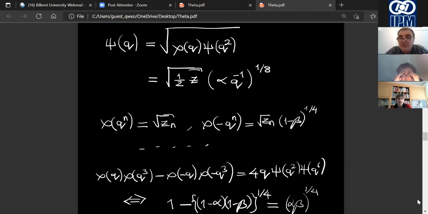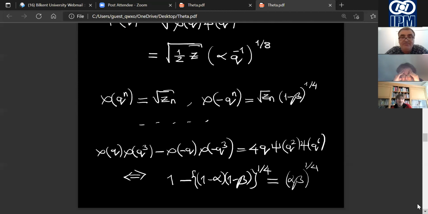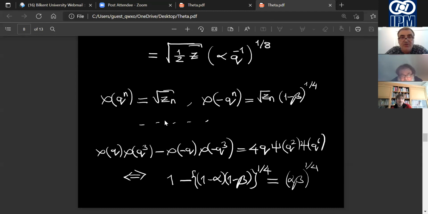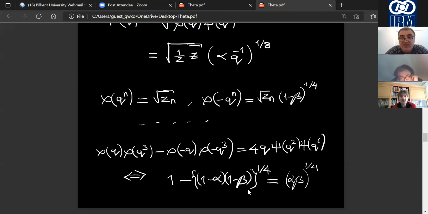If you use this parameterization, then the example that I gave, that modular equation of degree 3, takes this simpler form. If you put in all these parameterizations, there will be lots of cancellation. Usually the z cancels out, and the equations only involve alpha and beta. So you get this equation involving alpha, beta, 1 minus alpha and 1 minus beta.